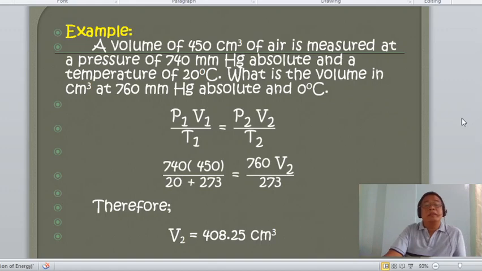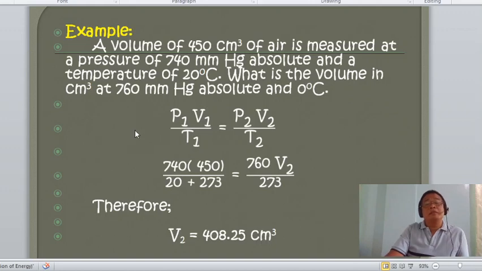Okay, so again, this is a combined ideal gas law, meaning all the parameters involved change. So, the pressure now is 740, this is already absolute, multiplied by the initial volume of 450 cubic centimeter divided by the temperature of 20, making it absolute, plus 273, since this is in Celsius.